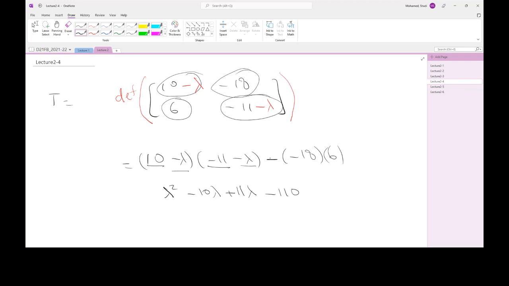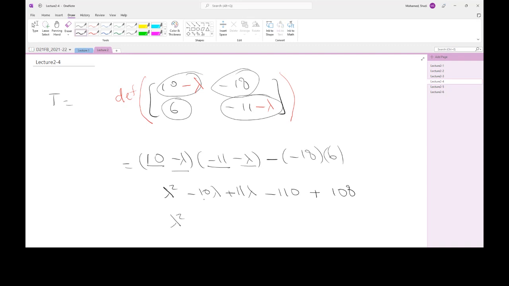And then this is going to be plus 18 multiplied by 6, which is 108. Did I make any mistakes? Okay, it's correct.